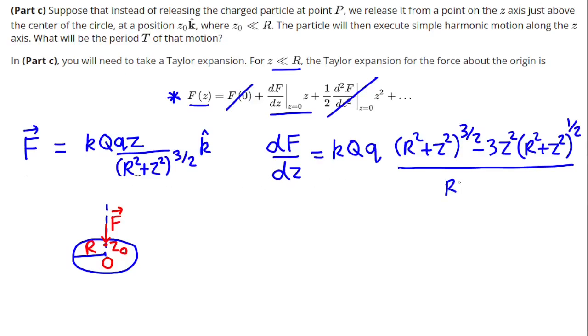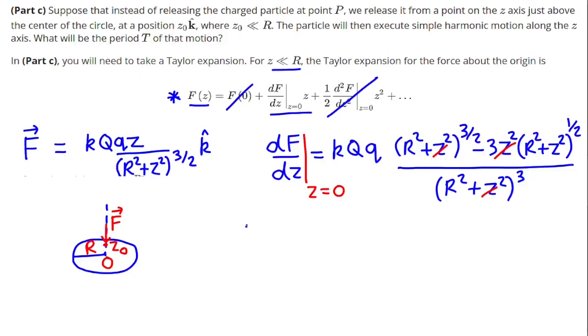So we have (r squared plus z squared) cubed. And evaluating the derivative at z equals 0, then this term is 0, and this second term is 0.